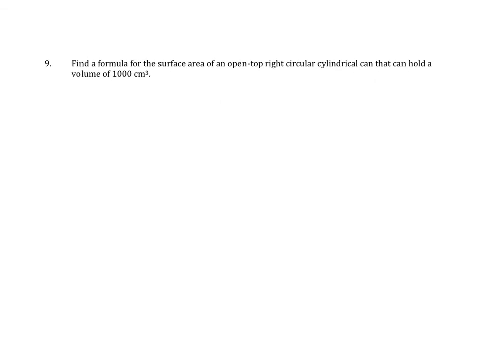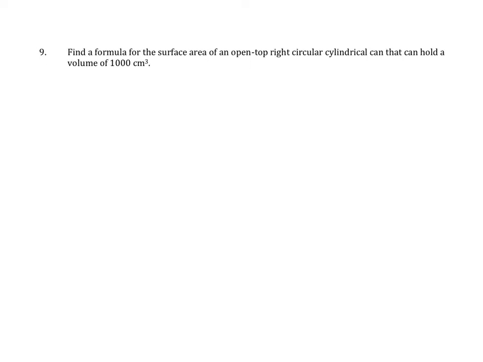Okay, number 9. Find a formula for the surface area of an open top right circular cylindrical can that can hold a volume of 1,000 cubic meters. Okay, so basically just talking about a cylinder.